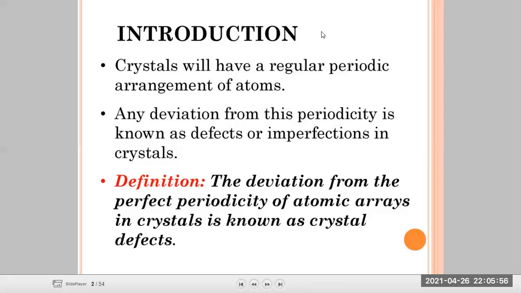Practically, when we see the exact crystal structure, and how the atoms, molecules, or ions, known as constituent particles, are arranged inside the crystal, we need to know an important aspect: definitely there is some deviation in the regular arrangement of the atoms that we assumed theoretically in chapter 1.